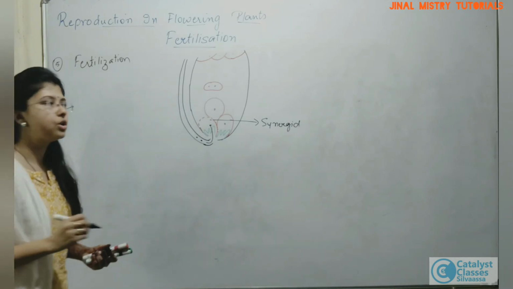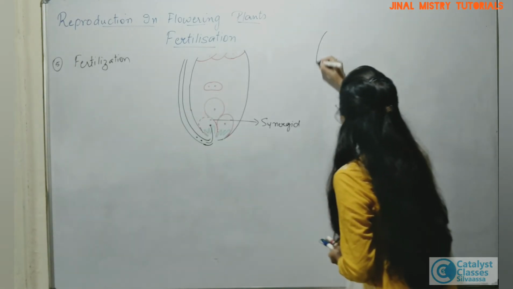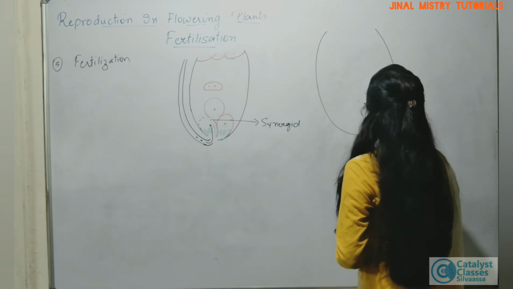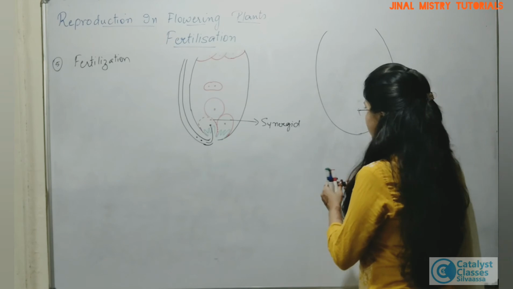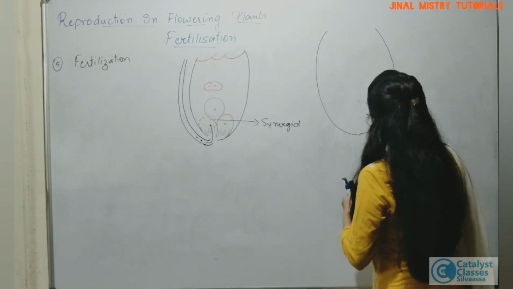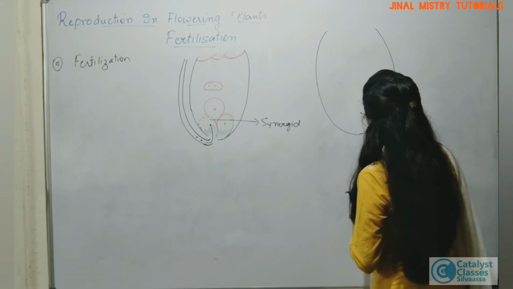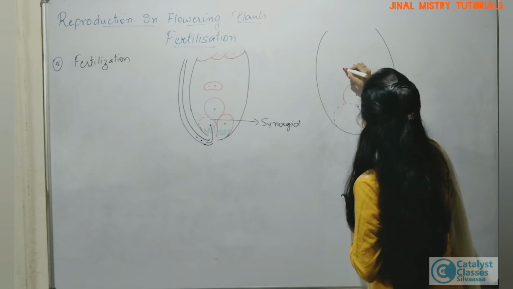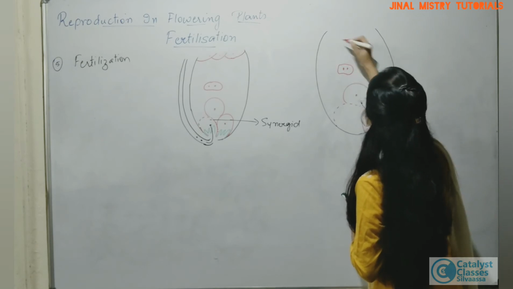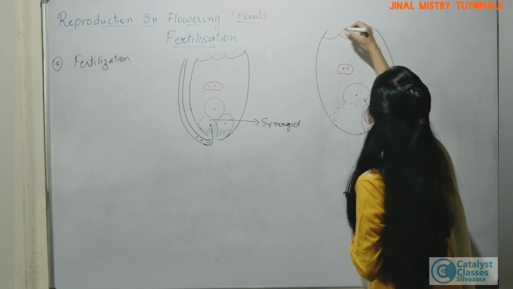So here what is going to happen? The second stage will be like this. One of the synergids is a bit intact with its nucleus. The other synergid has degenerated. This is the egg cell, the polar nuclei, and these are the antipodal cells.